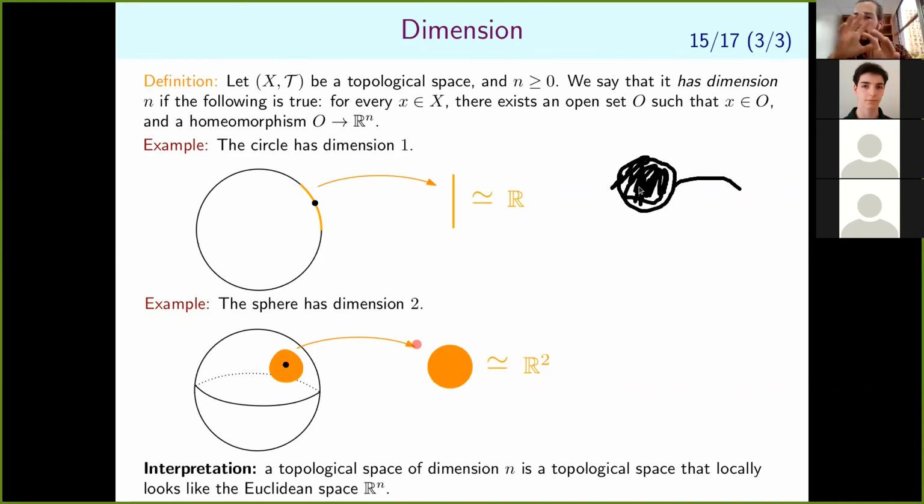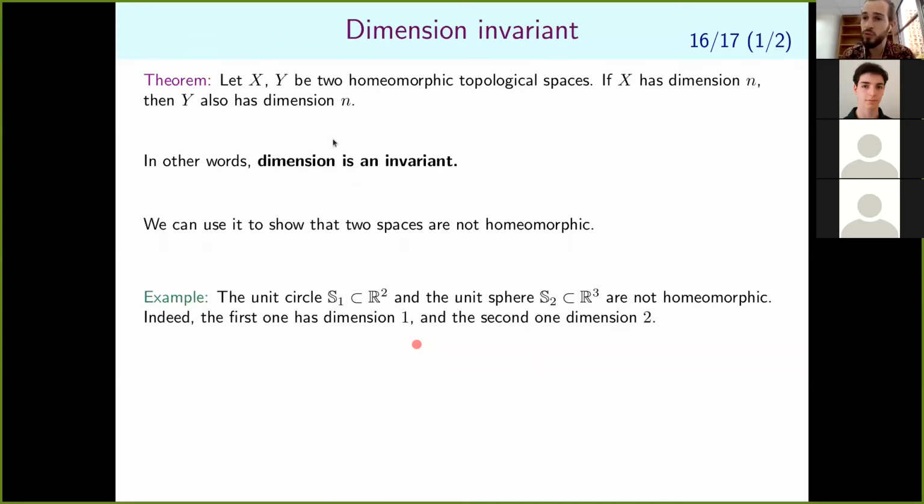So you cannot define globally the dimension of this space. So this thing does not have a dimension. Not all topological spaces have a dimension. But if two homeomorphic topological spaces have a dimension, then the dimension must be the same.